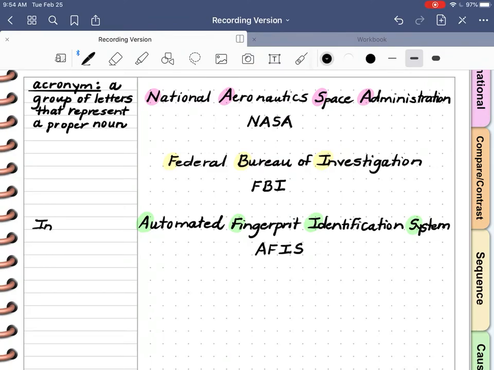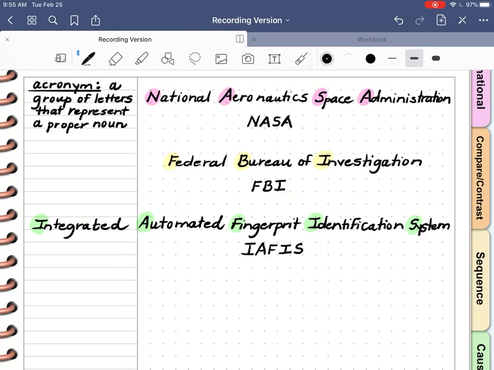And recently, or not recently, but it had been added to, we use an integrated. So we're going to add an I to get IAFIS. And this is a system that links all the states and countries who want to be part of the database.